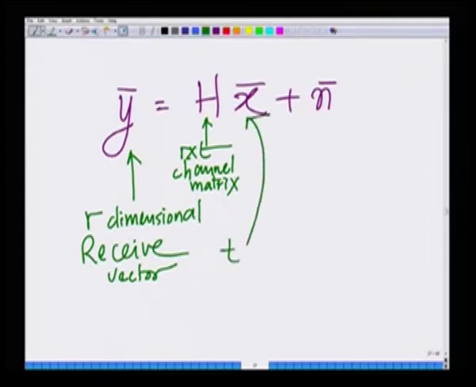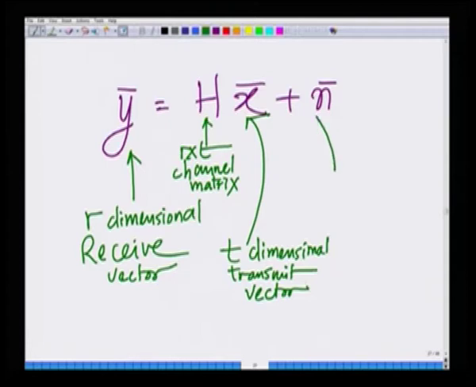X bar is the T dimensional transmit vector, and N bar is the R dimensional noise vector. Hence I have Y bar, the R dimensional receive vector, equals H times X bar plus N bar, where H is the R cross T dimensional matrix, X bar is the T dimensional transmit vector, plus N bar, which is the R dimensional noise vector.